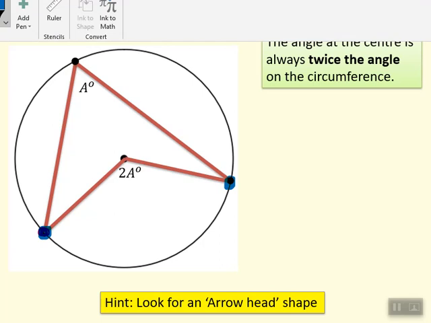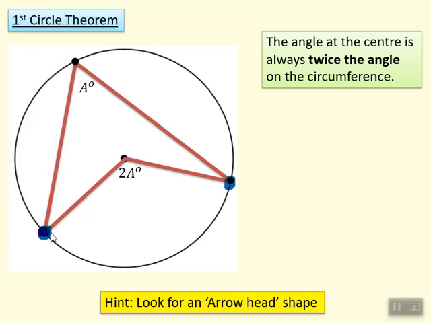If you draw 2 radius lines to those fixed positions, and then you have a third point on the circumference, anywhere between those 2, so anywhere on this green line.